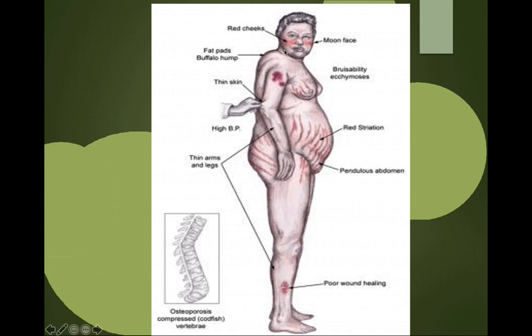Same thing here, the round moon face, you get the purple striae, you get the high blood pressure, thinning of the skin, the buffalo hump or Dowager's hump, you get the thin arms, you get the thinner legs, poor wound healing.